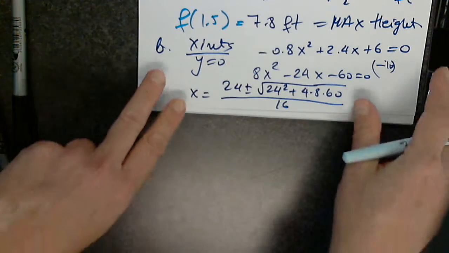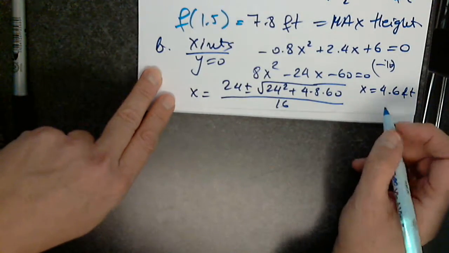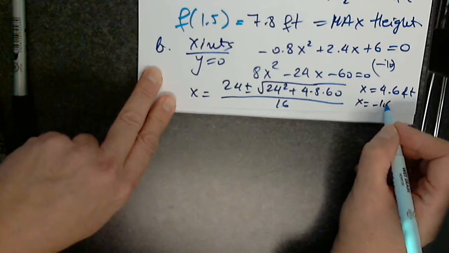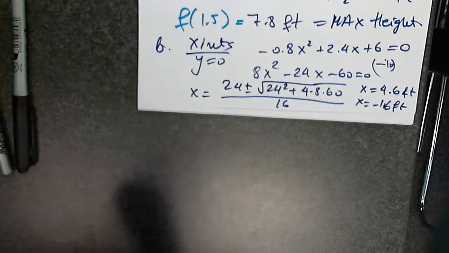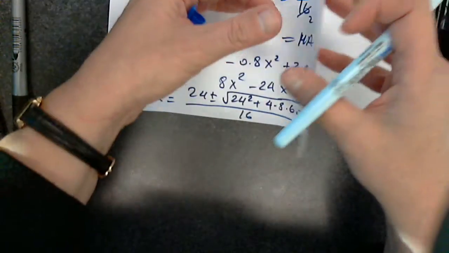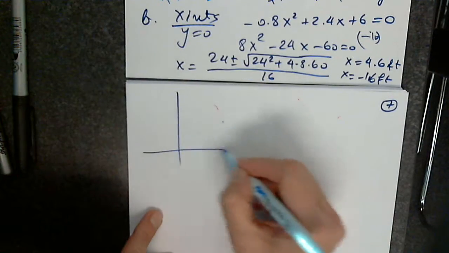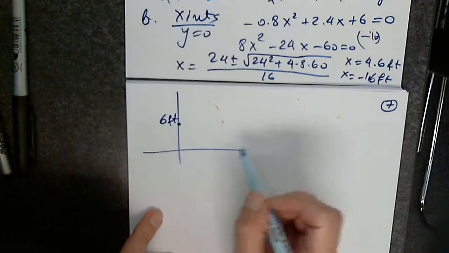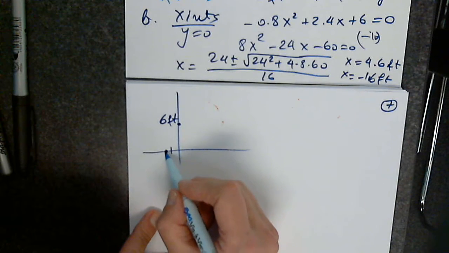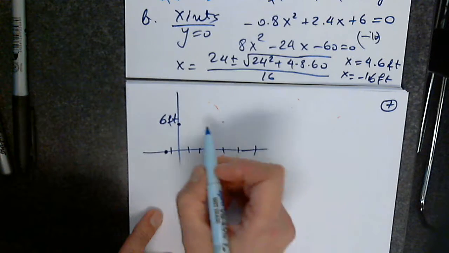Okay, 4.6, so x equals 4.6 feet, and x equals -1.6 feet. Any questions on this? Okay. So here's the situation. If we want to graph it, we don't have to, but this is 6 feet, -1.6 somewhere here, and 1, 2, 3, 4, 5, 6.